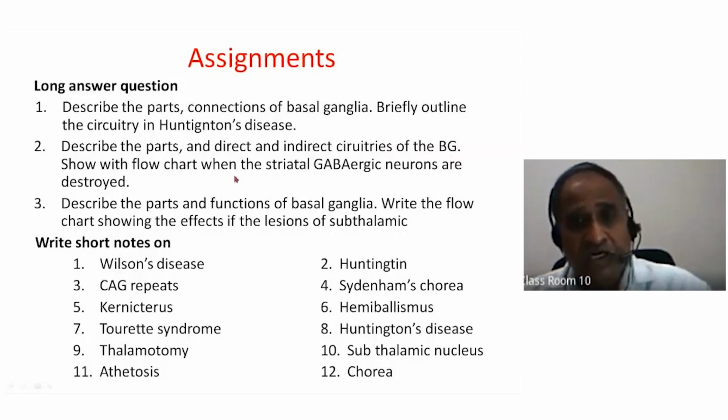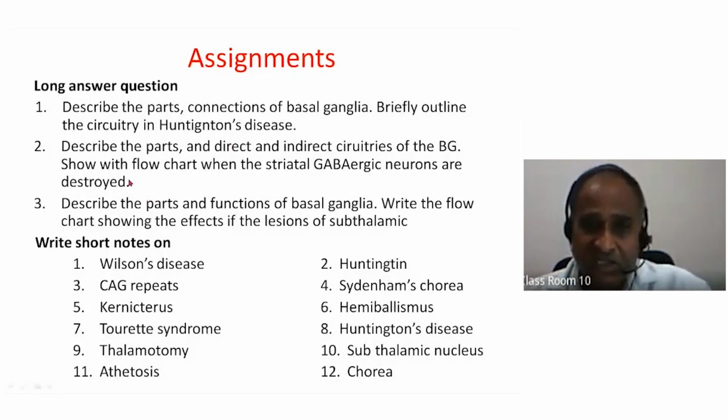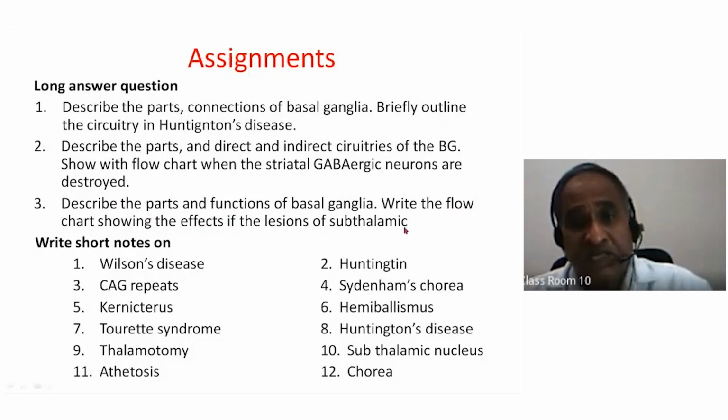Show the flow chart when the striatal GABAergic neurons are destroyed. So this is again Huntington disease. Describe the parts and functions of the basal ganglia. Write the flow chart showing the effects of lesions of the subthalamic nucleus. It is about hemiballismus.